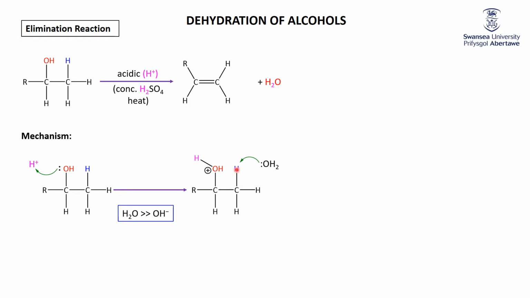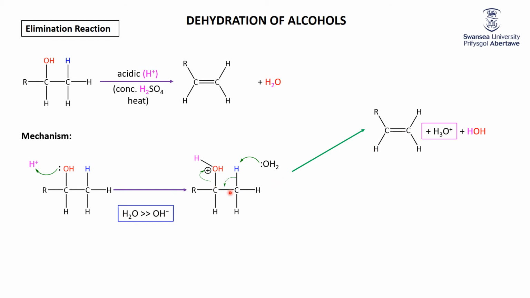At that point that hydrogen says to the carbon, I've got a new friend, I don't need you anymore. And so the electrons that were making the carbon-hydrogen bond move to become a carbon-carbon double bond, at which point this carbon says to the water, well, you wanted to leave anyway, don't let the lab door hit you on the way out. And so we go to our products.